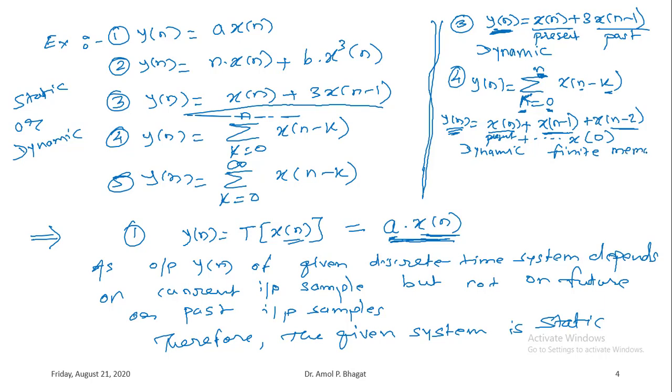So it is a dynamic system with finite memory. Here also, as in the previous example, you require only one memory element to store the previous sample. So again it is a dynamic system with finite memory.